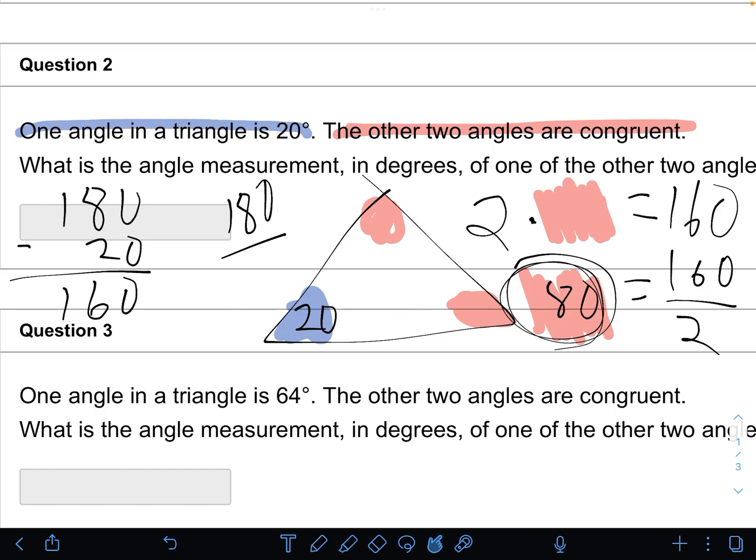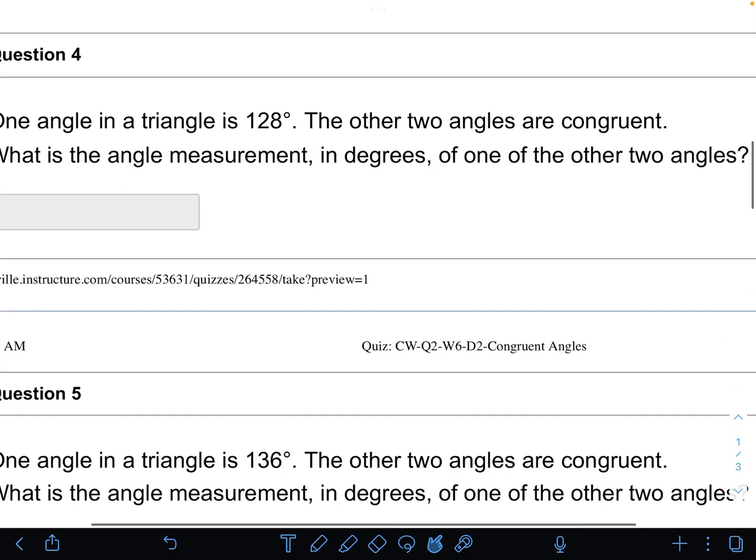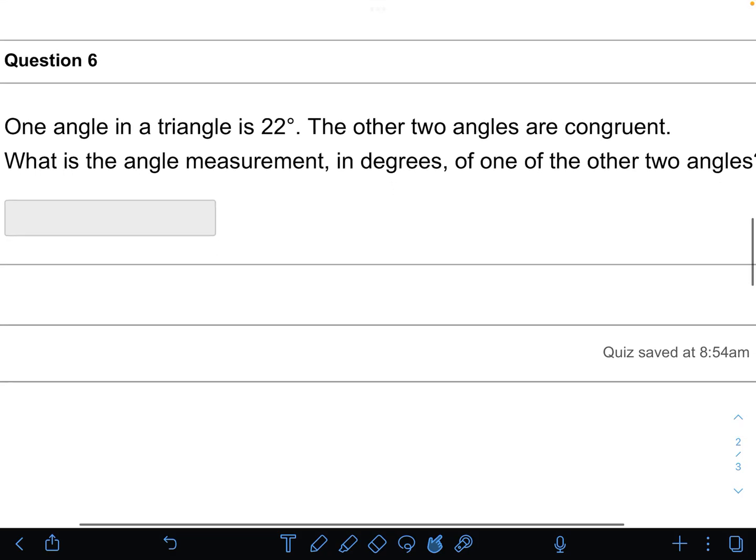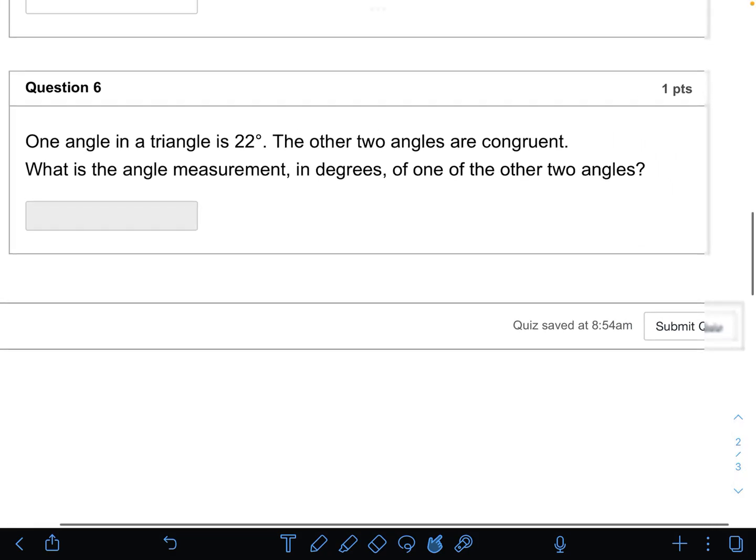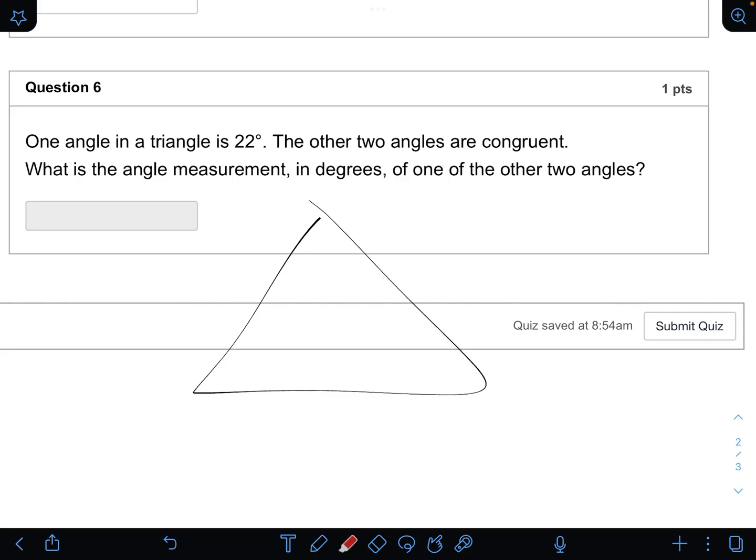Okay, let's do one more. I have space here, that's why I'm doing this one. I have a triangle, and I know that one angle is 22 degrees, and the other two angles are congruent, which means they're the same.